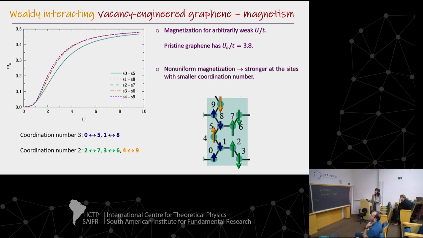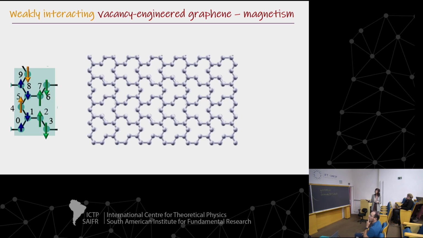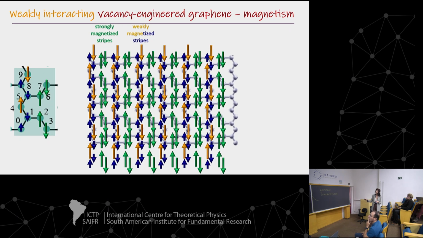And again, we have these non-uniform local magnetic moments that depend on the coordination number of the sites. And if you plot the whole thing on the lattice, you recognize that there will be strongly magnetized stripes, followed by weakly magnetized stripes in this fashion here. So it's a nice pattern.